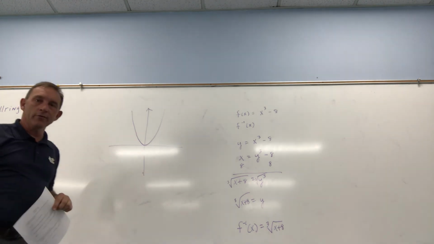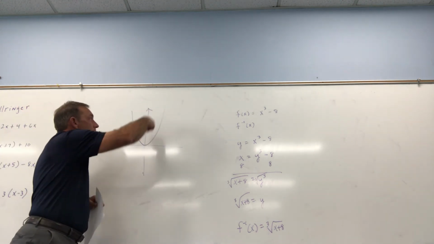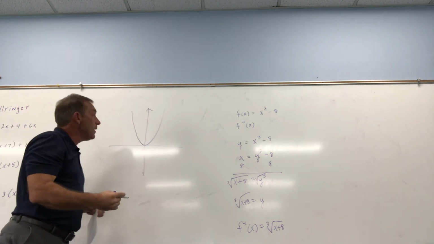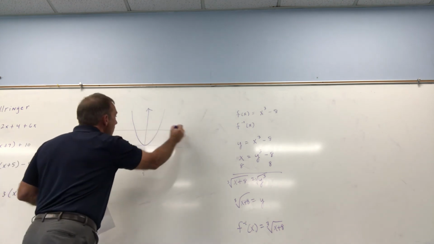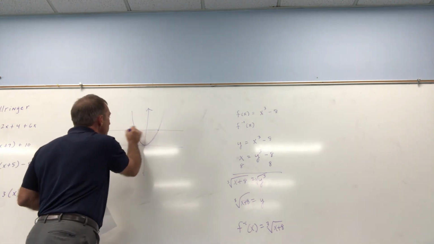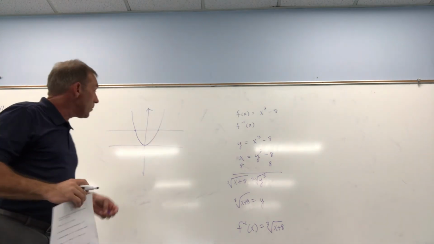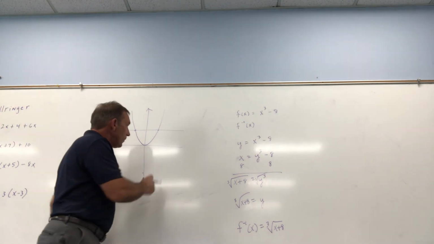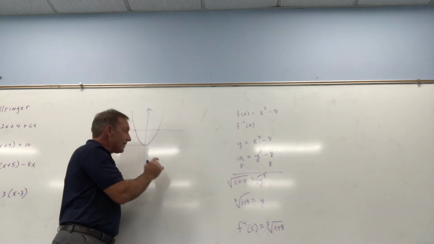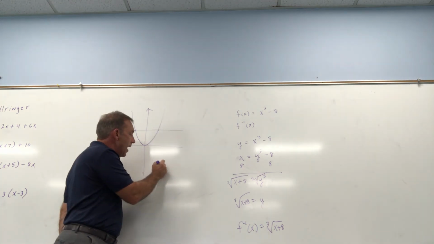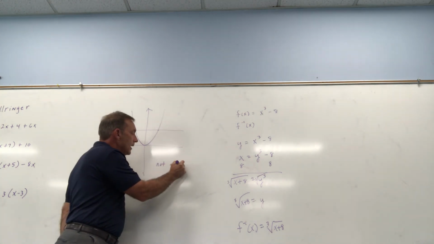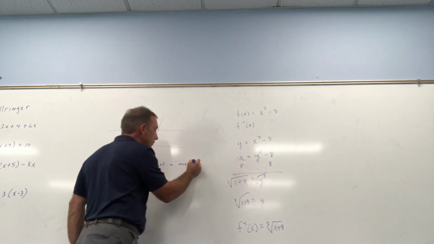And it clearly is a function because a vertical line can only hit that graph in one spot. But notice it does not pass the horizontal line test because you can draw a horizontal line that will hit the graph in more than one place. And so the fact that it failed the horizontal line test tells us that it's not a one-to-one function.